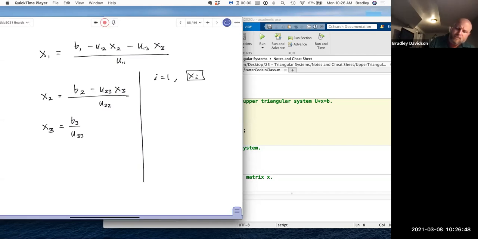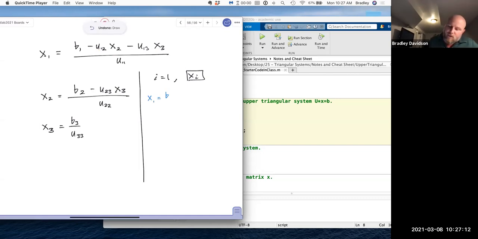Then we see that x1 is equal to b1 minus u12 x2 minus u13 x3, divided by u11.